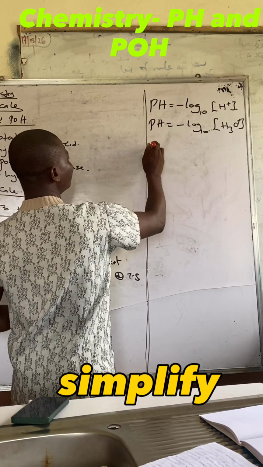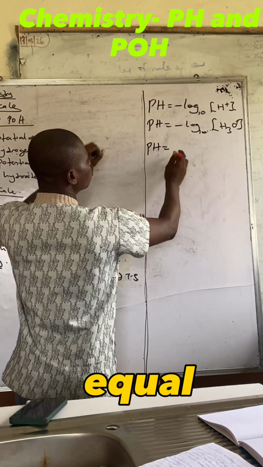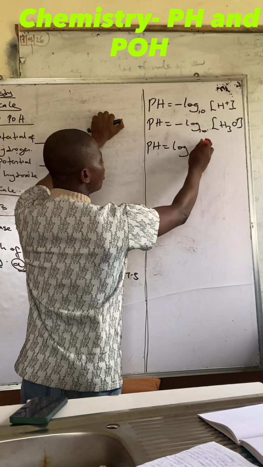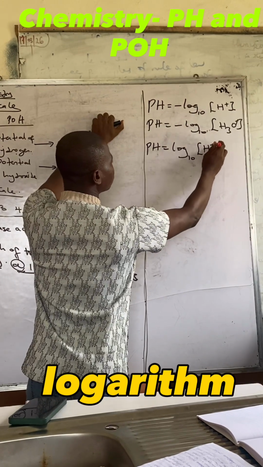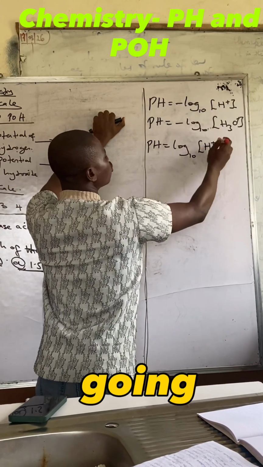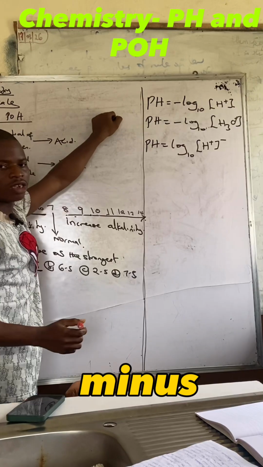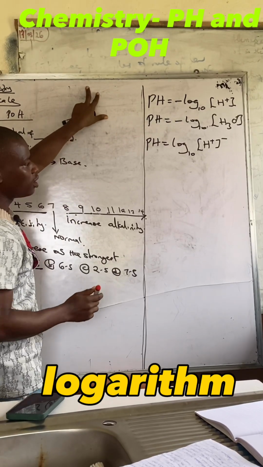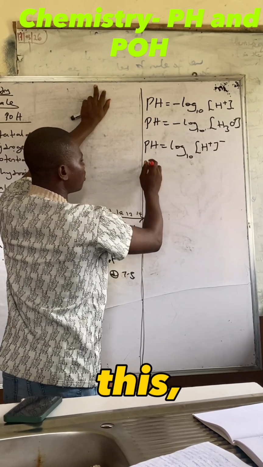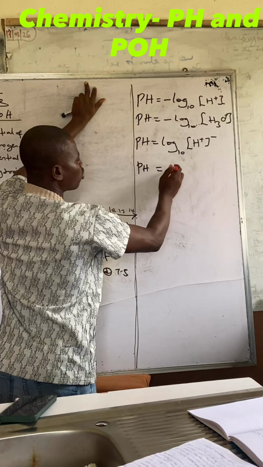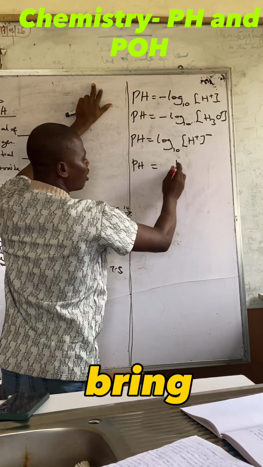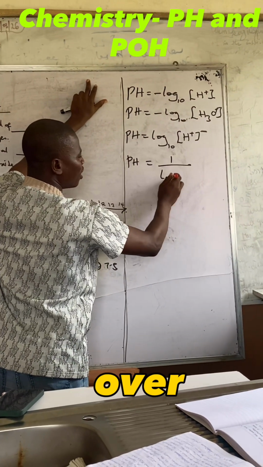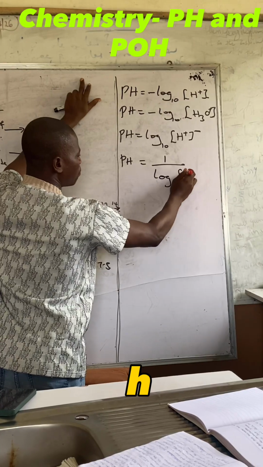If you want to simplify this, pH is equal to minus log 10 H plus. This minus is going to the top here, and that is one of the laws of logarithm. So when you have something like this, pH equals anything that is minus, you can also bring it down like this, 1 over log 10 H plus.